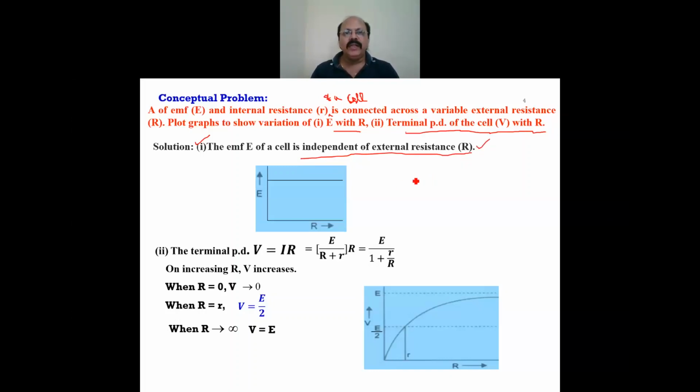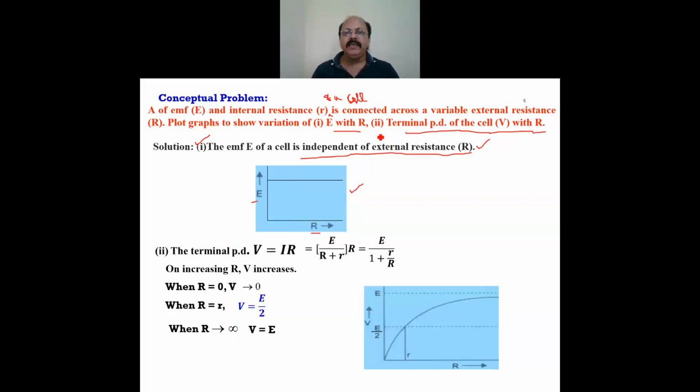When you plot the graph, you take the EMF of the cell on the y-axis and external resistance on the x-axis. Since the EMF of the cell is independent of R, the graph is constant, that is, parallel to the x-axis. So this is the answer of the first part.